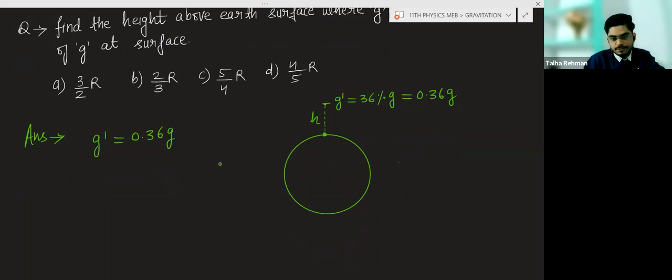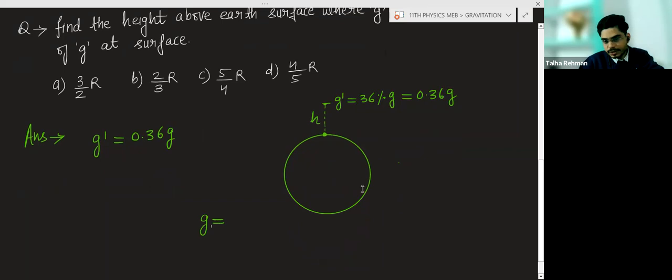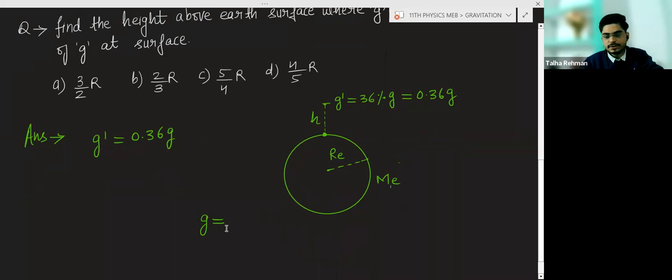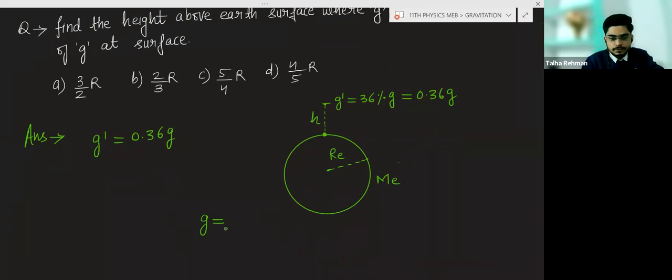For g, we have this formula. On the surface of the Earth, if Re is the radius of the Earth and Me is the mass of the Earth, then the acceleration due to gravity will be G Me divided by Re square.